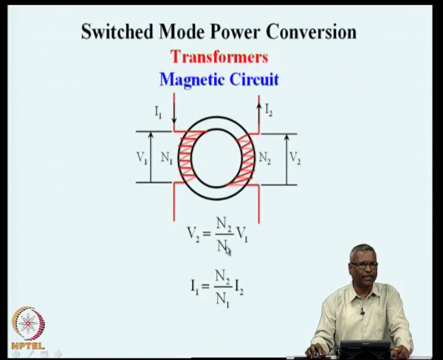V2 is N2 by N1 times V1, I1 is N2 by N1 times I2. The same relationship as we have seen. We have now explicitly shown the magnetic circuit and also the windings which are wound on the magnetic circuit, so that they are coupled to each other.